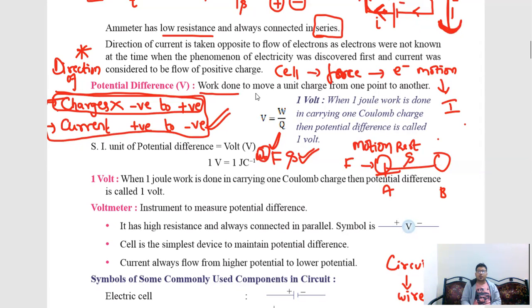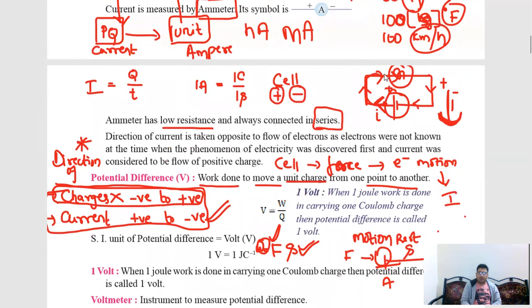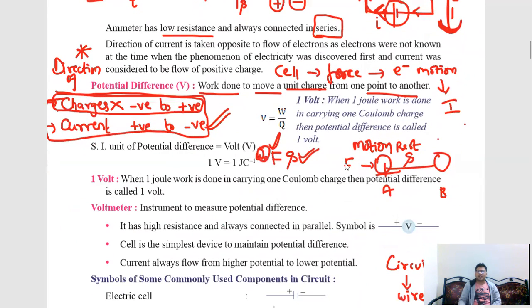That work is done to move unit charge. If you are doing some work to move a particle from one point to another point, that is nothing but potential difference or voltage. Potential difference is represented with the letter V, and you can measure and calculate it, so this is a physical quantity.